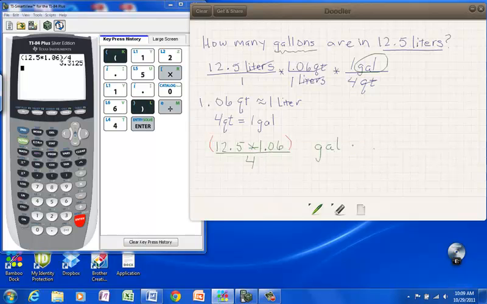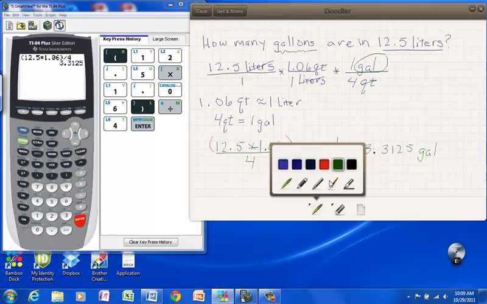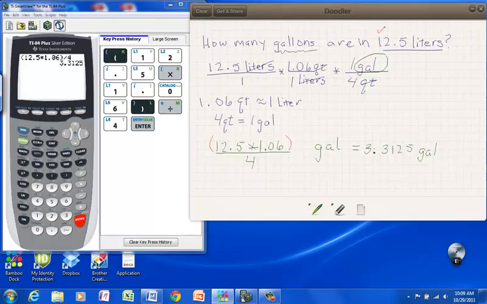So we have that this answer is 3.3125 gallons. But before I finish the problem, I need to go back and look at how many significant digits we started out with. We started out with 12.5 liters, and that has 3 significant digits. I'd like my answer to have 3 significant digits also.